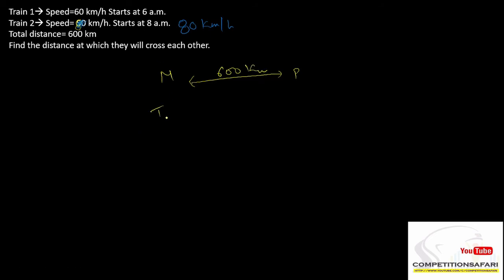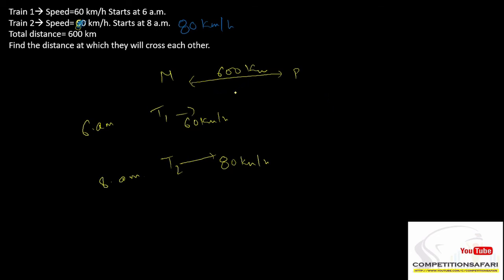Now train 1, which is starting at 6 a.m., is traveling at a speed of 60 kilometers per hour. Train 2, also traveling from Mumbai to Pune, is traveling at 80 kilometers per hour and it is departing at 8 a.m. We are asked after how much distance will they cross each other.